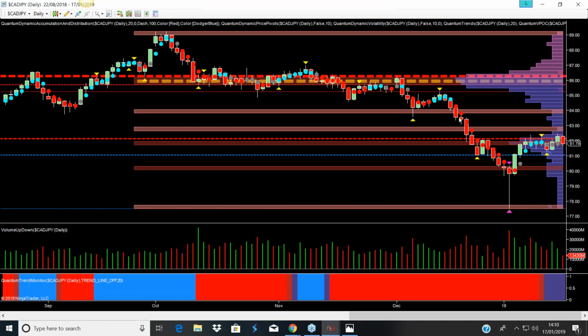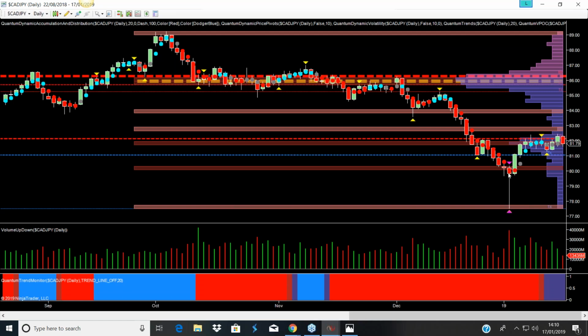The general tone is lower because we have the trend monitor, which is a bright red, but you probably wait until you certainly break through this low here, and in fact that then precipitated this very strong move lower, which was brought to a halt with the hammer candle and the price support that came in.